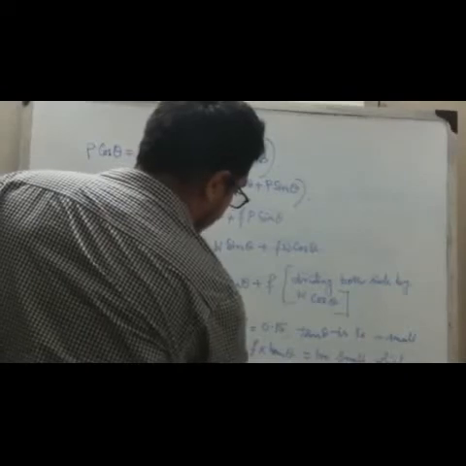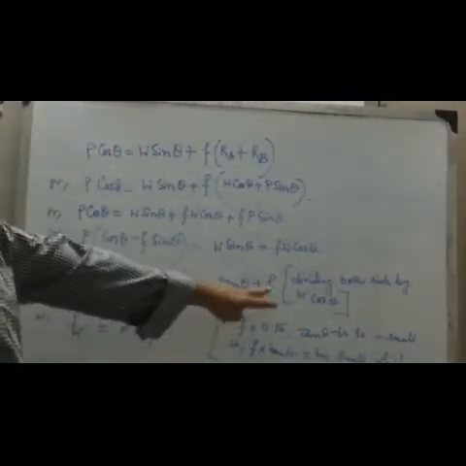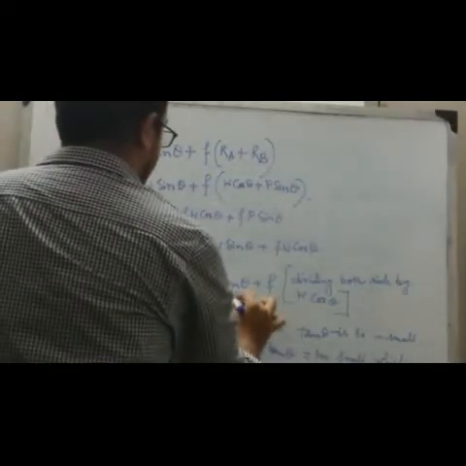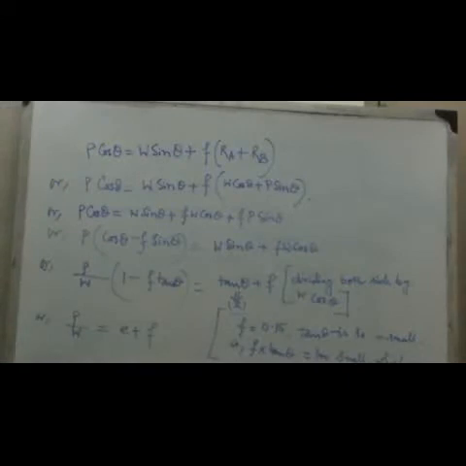So we can write down that P by W equals tan theta plus F, and this tan theta is actually denoted as small e, which is super elevation. So here P by W equals e plus f.